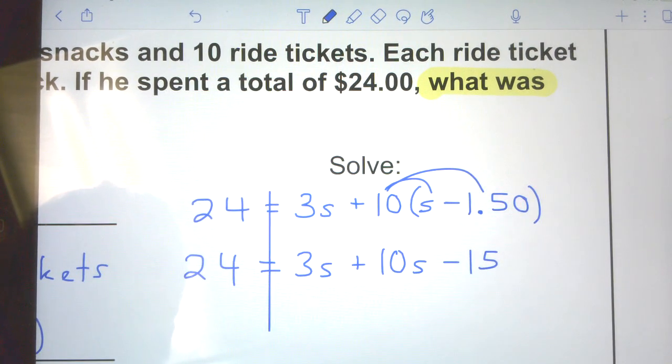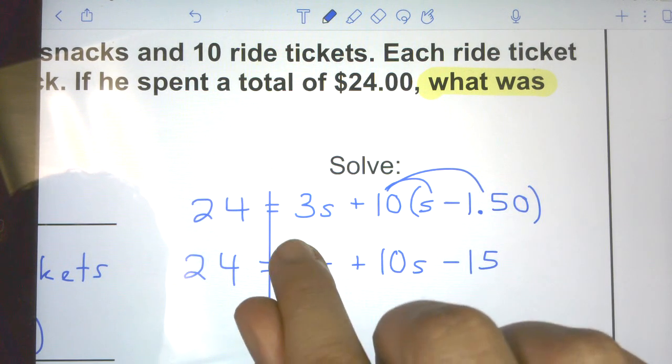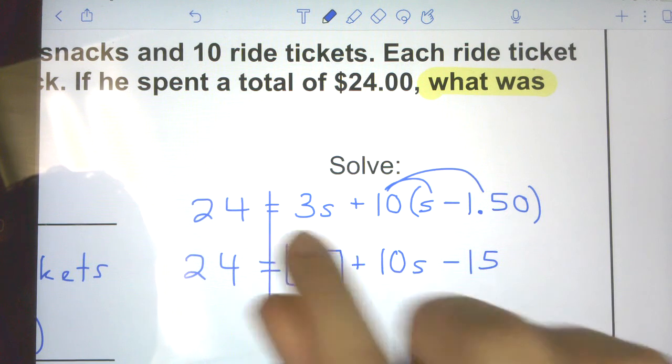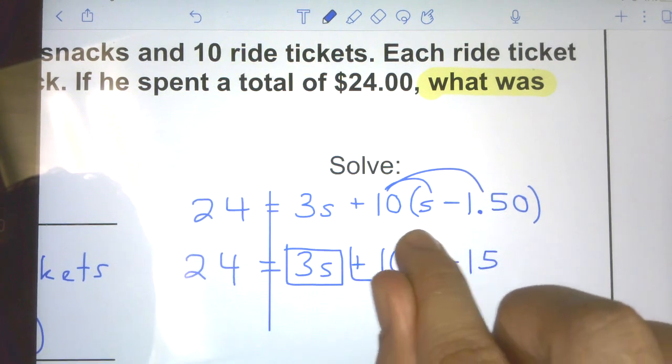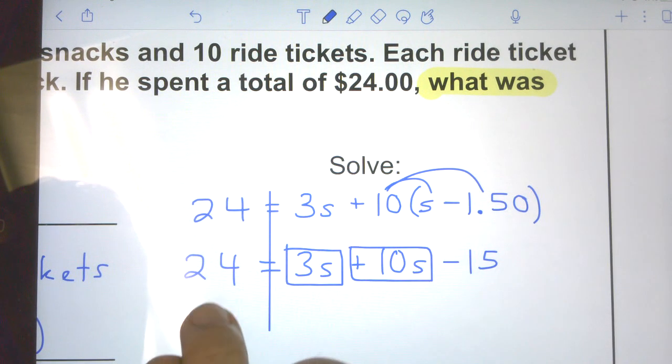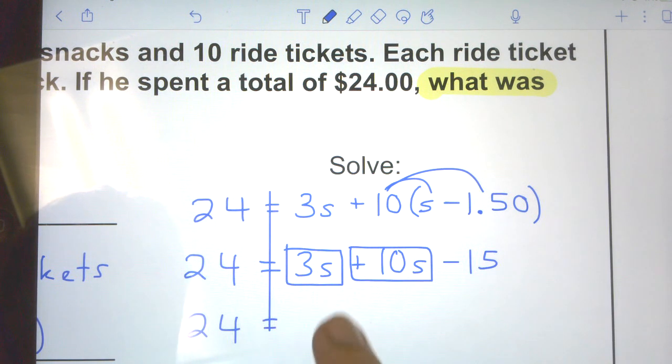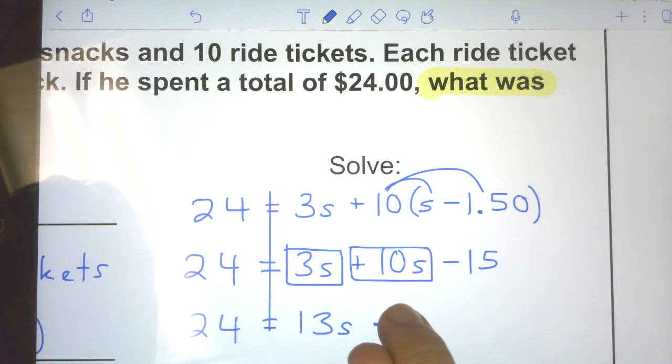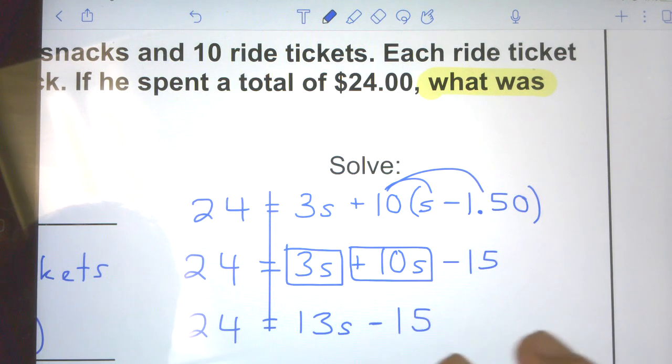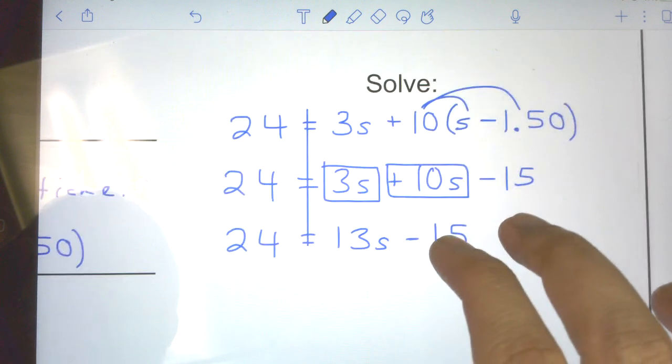Now we need to do the combining like terms, but your like terms on the right side are going to be the S's. So on the left side, bring down 24. 3 plus 10 is 13S. Bring down the minus 15. Okay. Should be a two-step equation at this point.